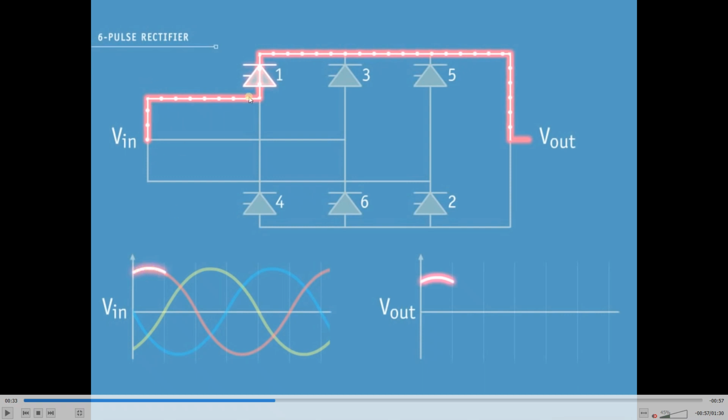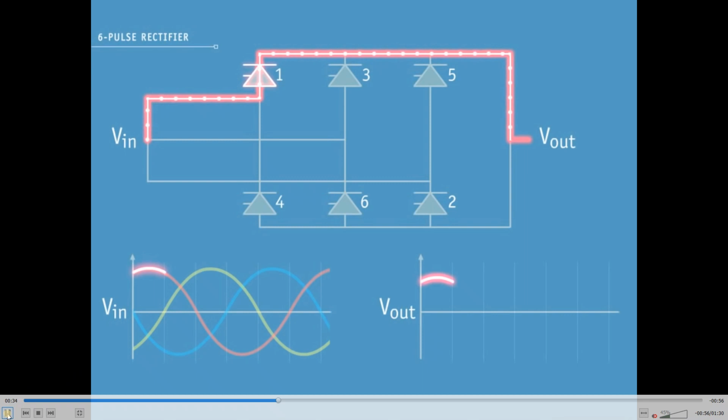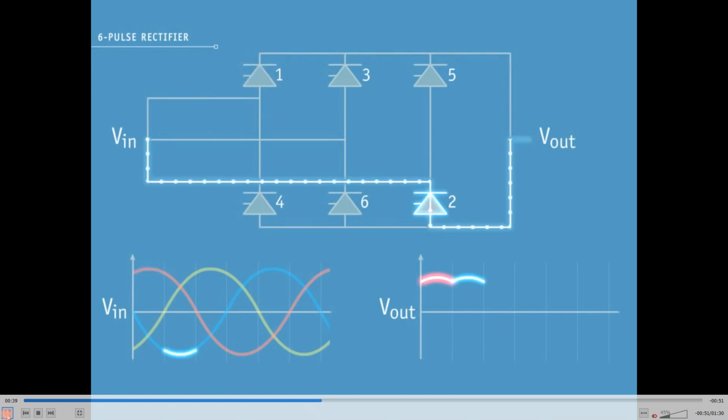So in the first segment, only the red phase is having the peak value. That is why the rectifier will only rectify the phase which is having the peak value for that particular instant. So red is having the peak value, so red is rectified. You can see this is the input, this is the output. After rectification, only this part is visible, because this is forward biased, all others are reverse biased.